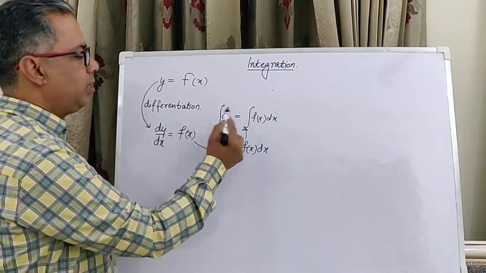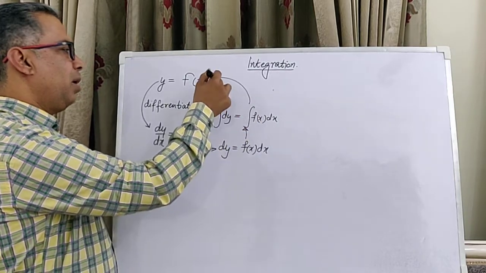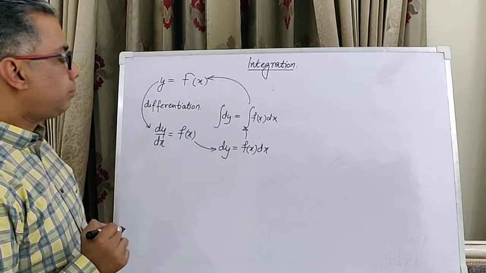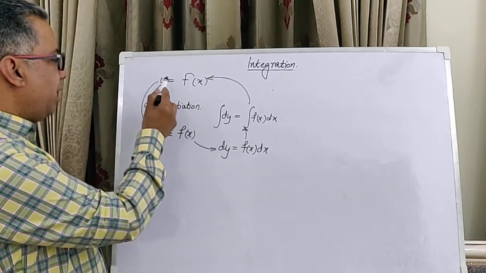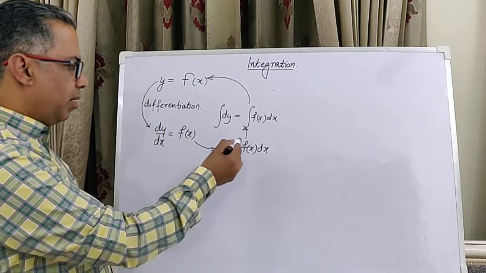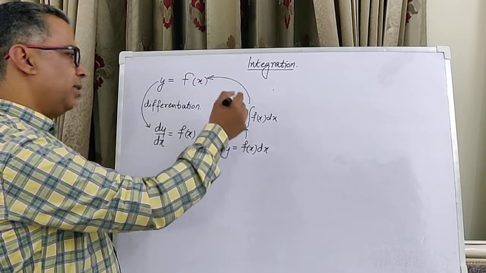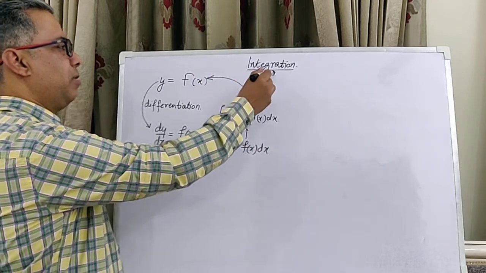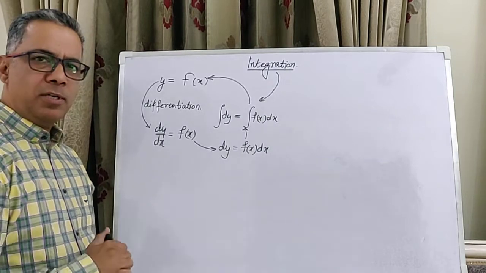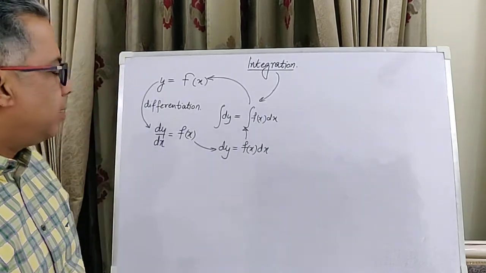And once we do this integration on both sides of this equation, we are back with the original function. So once we get from here to here, the process is called differentiation. And when you go from here to here, the process is called integration. So this is what integration really is all about.